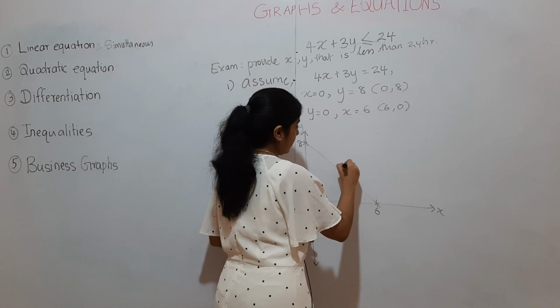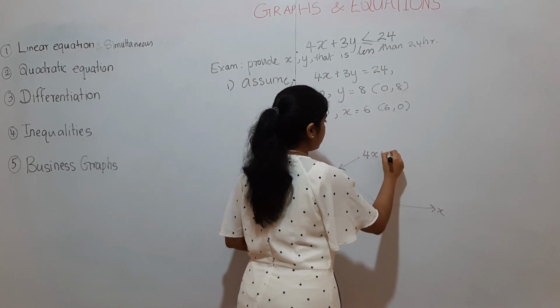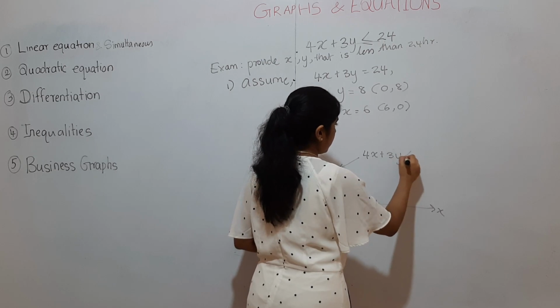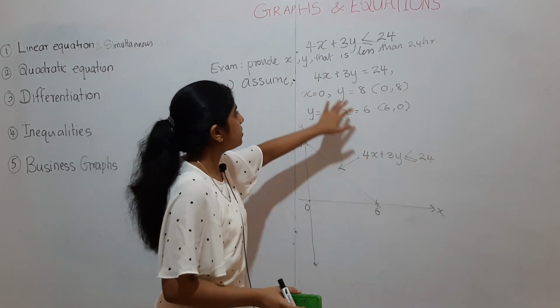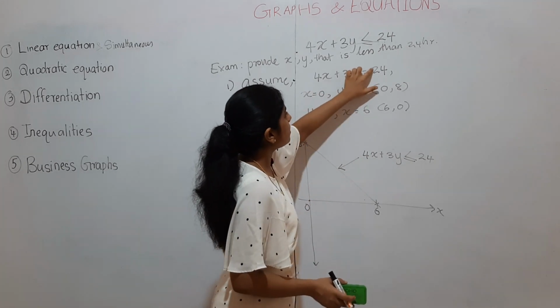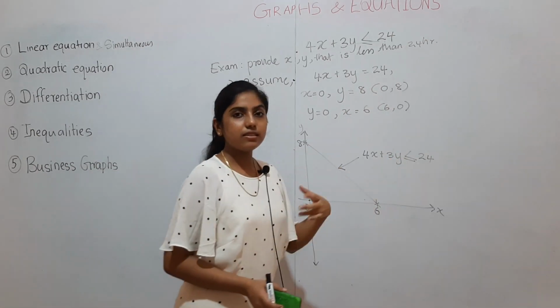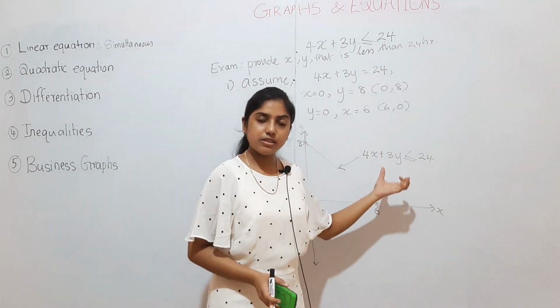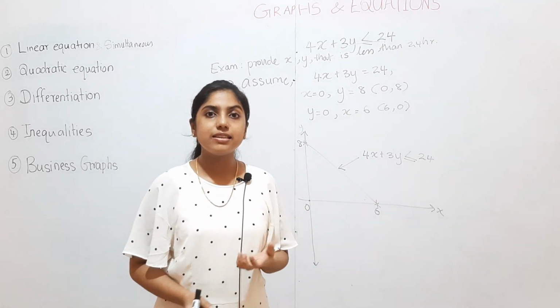This straight line's equation we can say is the inequality's equation. Even though we took this by changing the sign to an equal sign, we can still say that this is equal. This can be represented as an inequality.